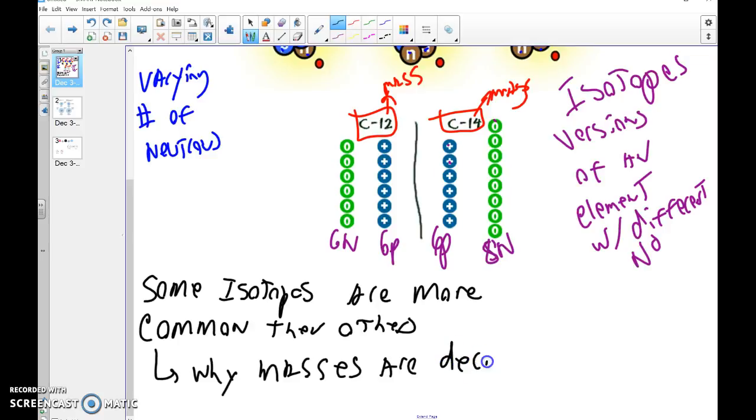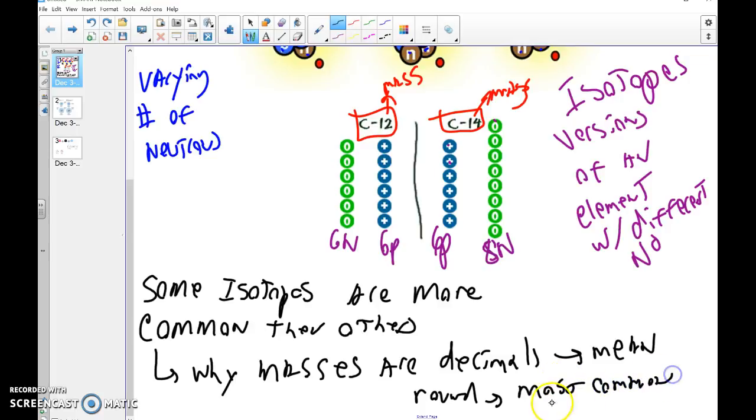So what you're actually seeing is sort of a mean, like the most common isotopes are averaged together with the least common isotopes, and that's why you have a decimal. All right? It's because it's the mean of the isotopes. And when we round, generally what we're doing is rounding to the most common. All right? So when we round, it gives us the most common isotope.